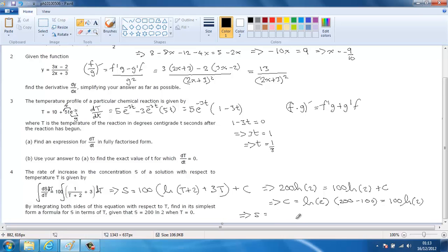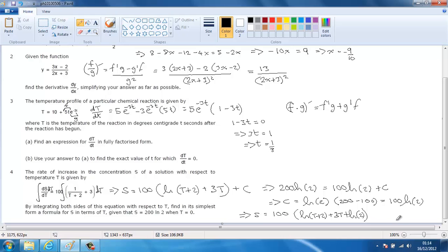And therefore s can be rewritten as, well, with 100 as a common factor, we're going to have natural log of t plus 2 plus 3t plus natural log of 2.